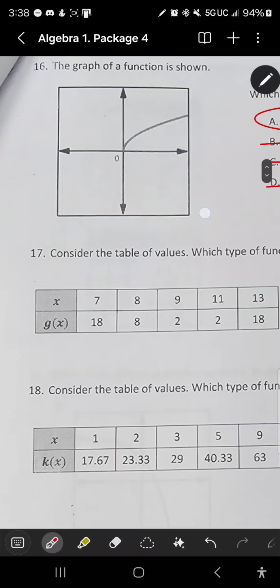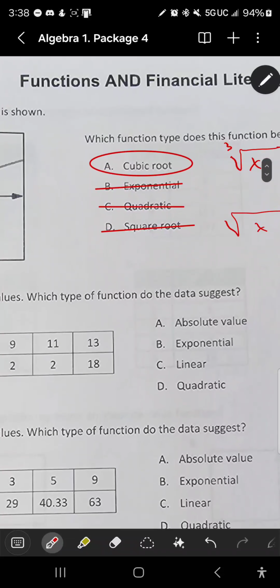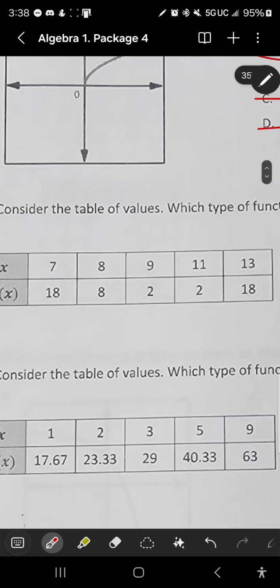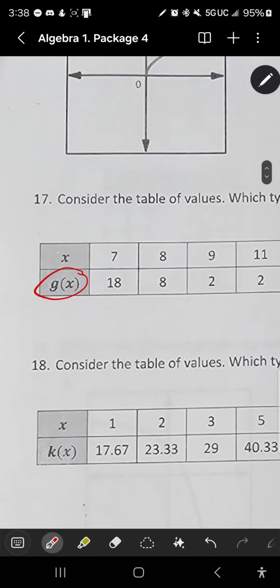Now let's see, 17. Consider the table of values. Which type of function does the data suggest? First of all, I can see that it is not linear, because first you have the same values of the dependent variable, which is just the y-axis.